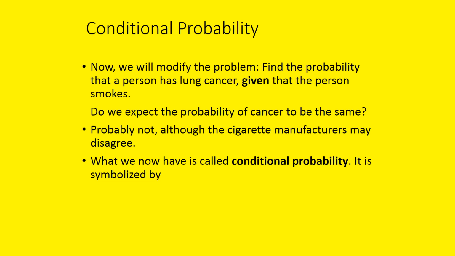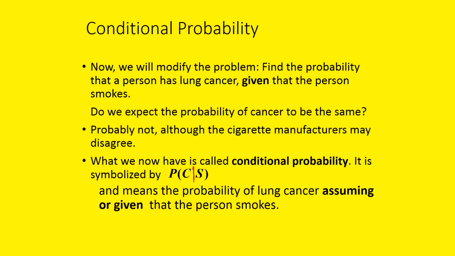What we now have is called conditional probability. On the condition that the person smokes, what now is the probability of cancer? So P of C given S. This vertical bar means "given that." Probability of cancer given smokes means the probability of lung cancer assuming that the person smokes.